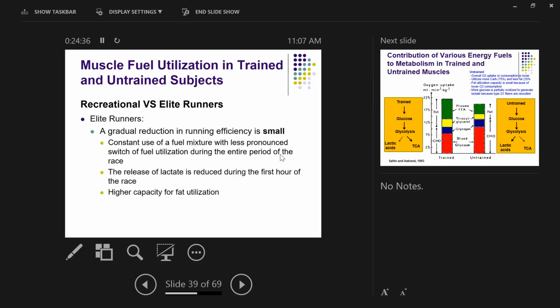And what about the elite runners and the trained runners, right? They usually have only a small gradual reduction in running efficiency, so they are able to run efficiently during the whole period of the race. They are able to constantly use a mixture of carbohydrate and fat oxidation, right? And the switch from carbohydrate to fat utilization, particularly at the later stage, is also small, right?